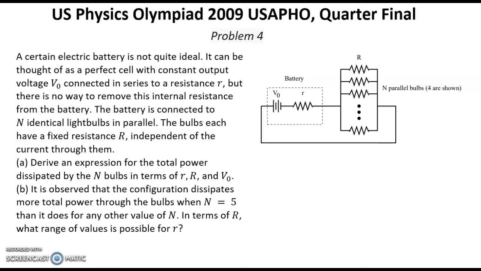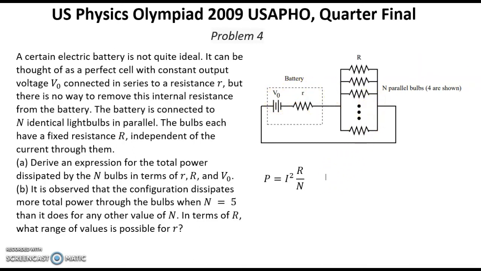For the first question, we can do the following procedure. We know that power equals current squared multiplied by the resistance through which this current is going. So that will be this expression. This is the power through N resistors R, and R over N is the total resistance for N parallel connected resistors. Next thing is to count what is the current.